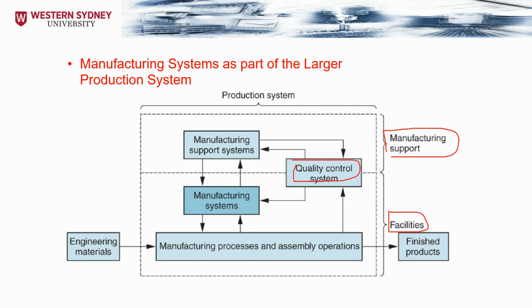If any changes happen, it sends feedback to the manufacturing support system to modify the design, for example, or modify the manufacturing process, and it also sends data to the manufacturing system itself to align the process if something is going in the wrong direction.